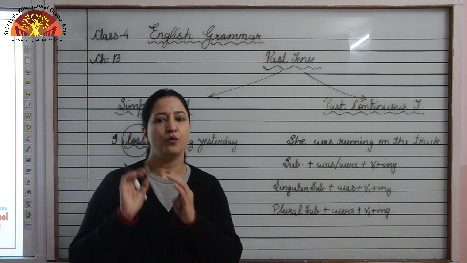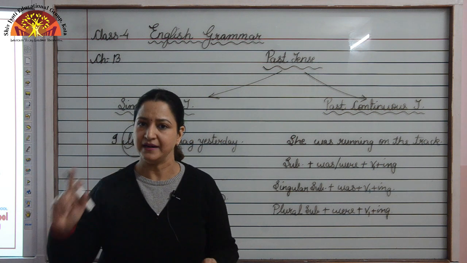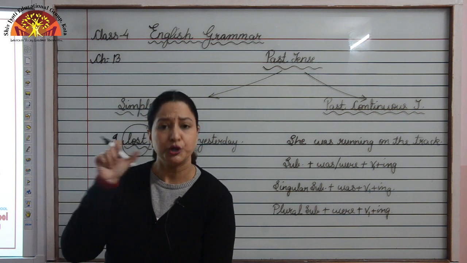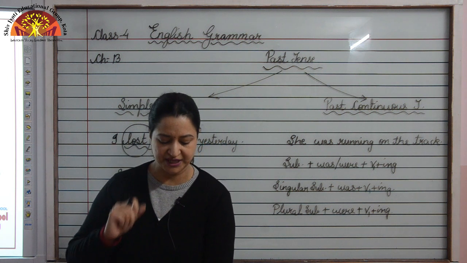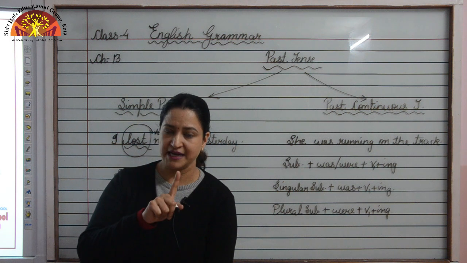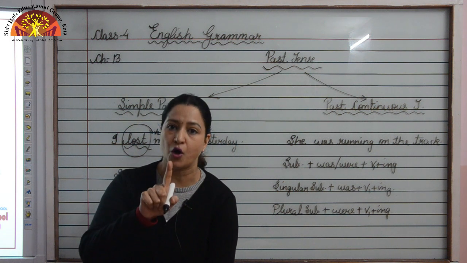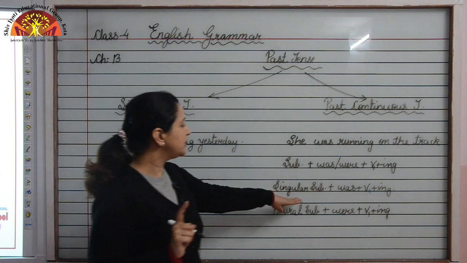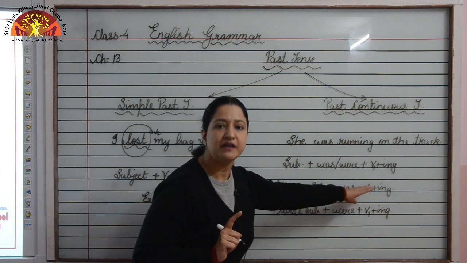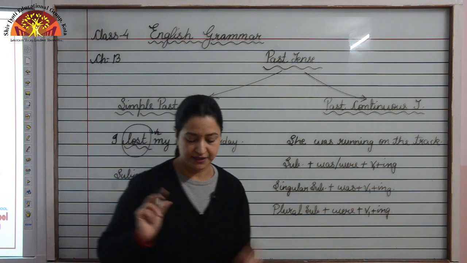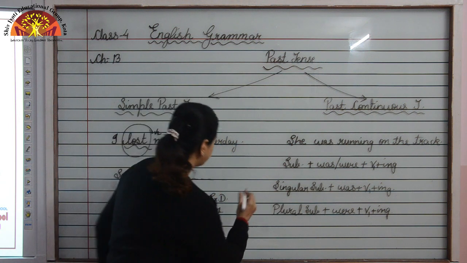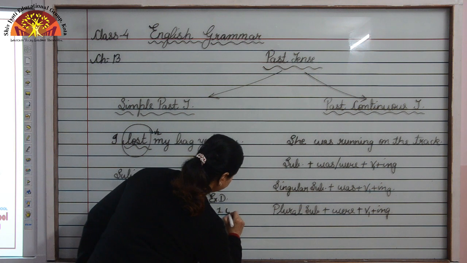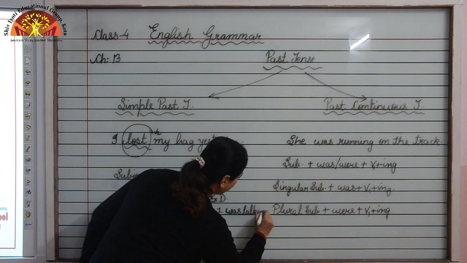Was, were with first form of verb and ing. So here talk is given here. So first observe the subject. Here subject is singular, Rakesh. So we will use here was, because for singular subject we have to use was, first form of verb ing. So talk will change into was talking. So we'll write here was talking. Okay.